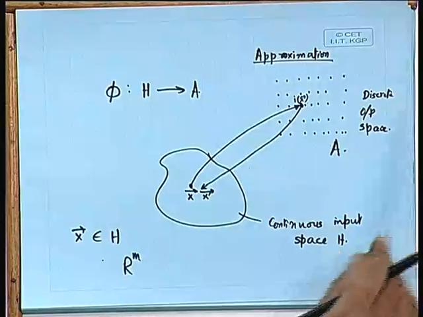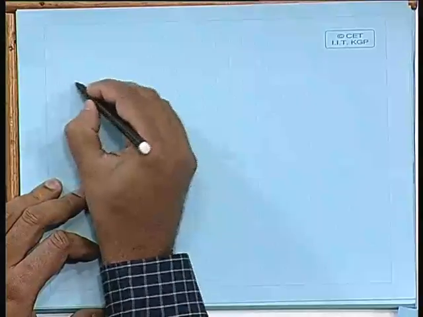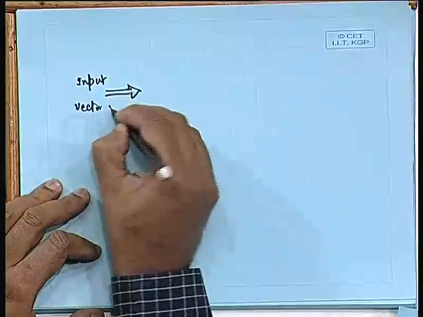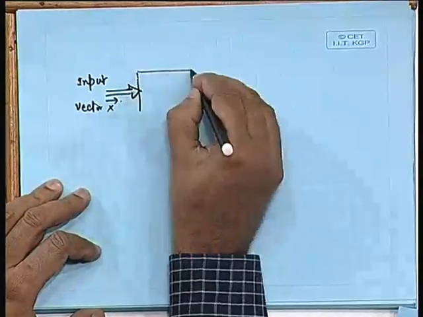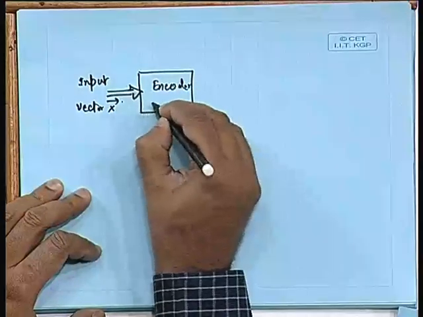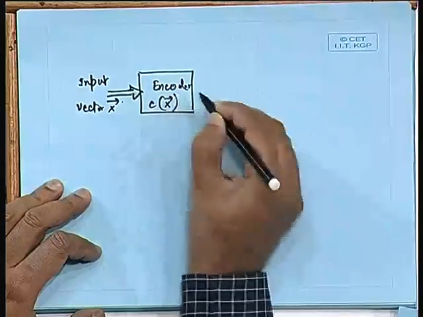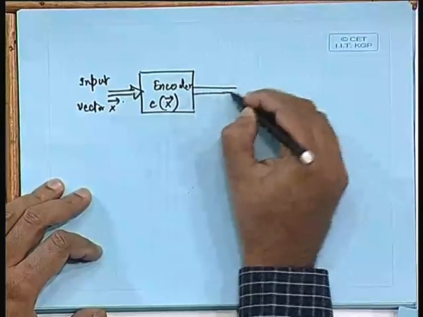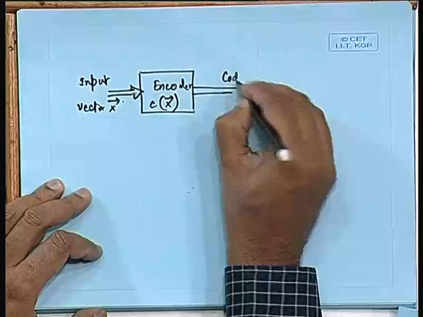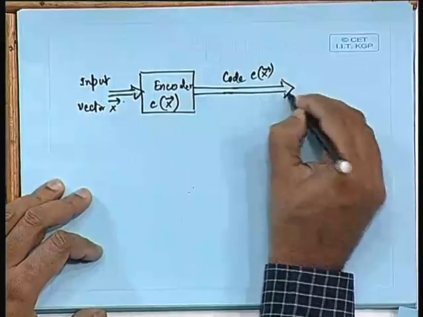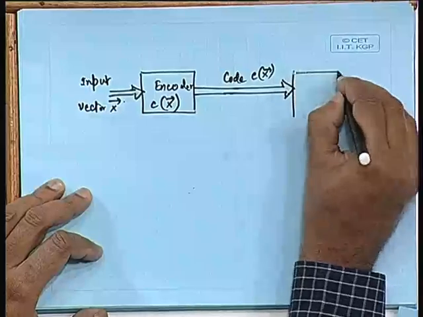So, what we are modeling is that we have an input vector x here, and then we have an encoder, let us call it c of x. So, c is the encoder function, and we get a code which is c of x vector, and then this will be passed through a decoder.